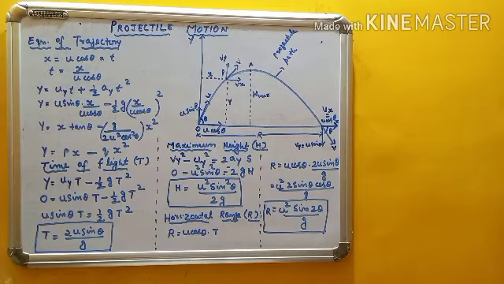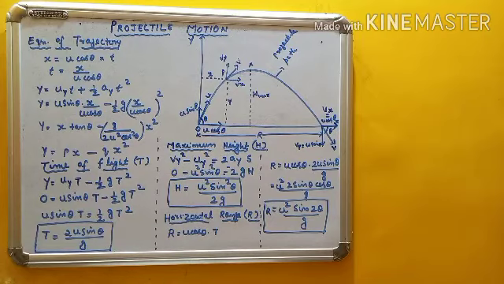Now children, one thing you should understand clearly about the horizontal component u cos theta and the vertical component u sin theta. The body is moving only under the gravitational force, and the gravitational force is along the vertical direction. So there is no acceleration along the horizontal direction. Whatever the initial horizontal velocity is, it will remain the same throughout the motion.